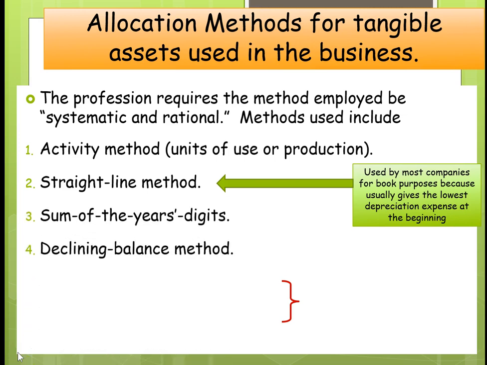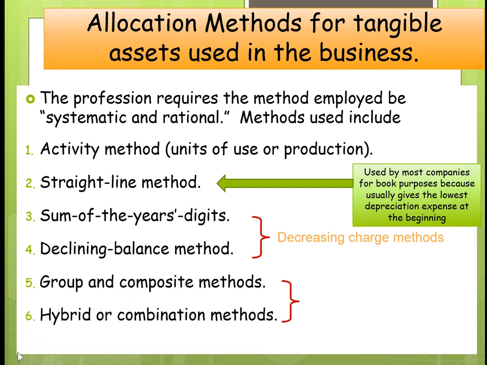Okay, sum of the year's digits, declining balance. These are called decreasing charge methods, and then we have the group and composite methods or a hybrid or combination method. These are ones that are unique to certain companies, and these are special methods.